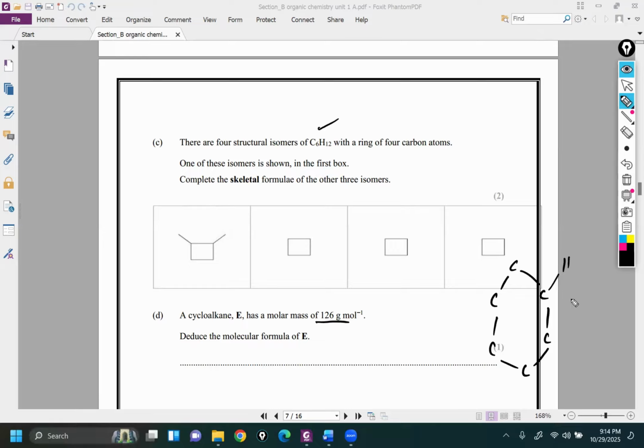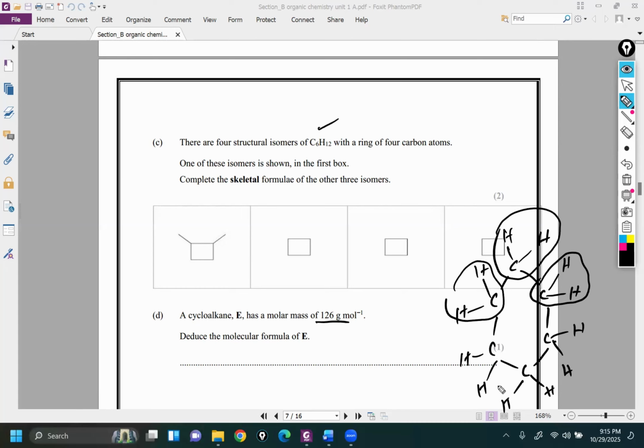Look at here, each carbon is making 4 bonds. So in a simple cycloalkane, each carbon is bonded to 2 hydrogen. So it is CH2, CH2, CH2, CH2, and this is the sequence.